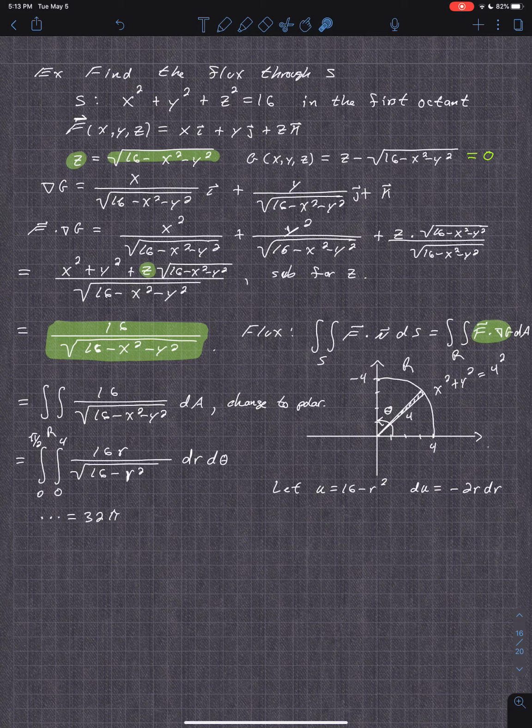I'll leave this to you. This is a little bit of algebra to work out. Okay, so down to here. So do the gradient of capital G, and you get this. You're doing the partials on z. Okay, then you do the dot product. Usually you make the dots a little bigger there. So then you do the dot product with F.